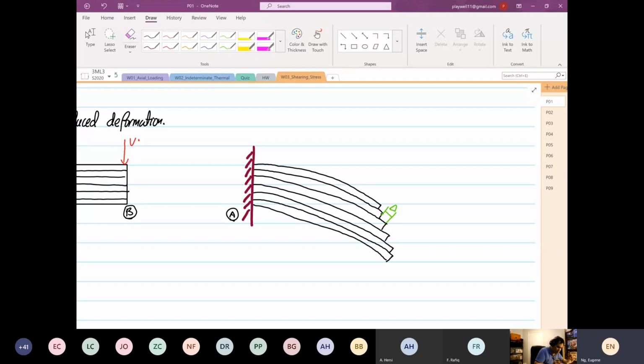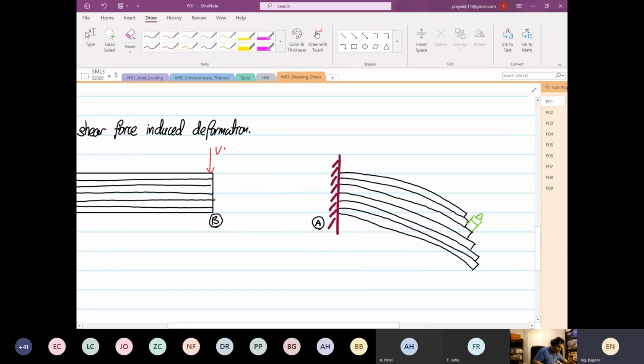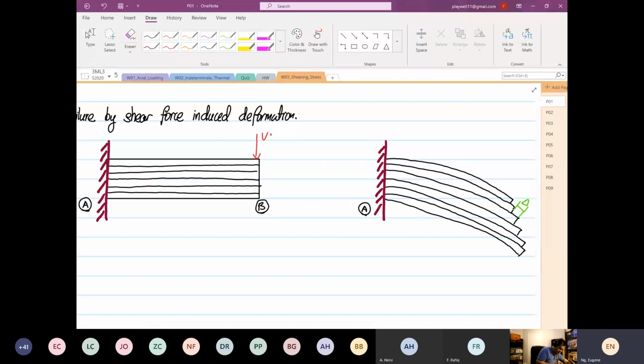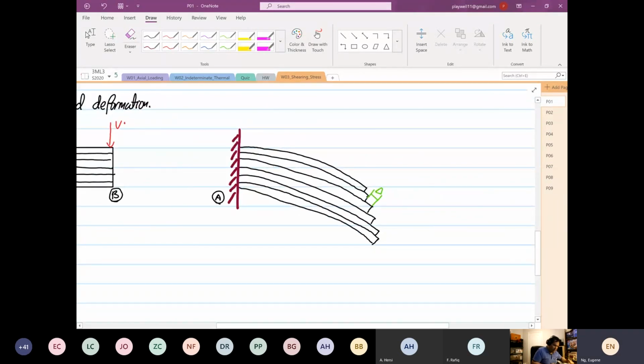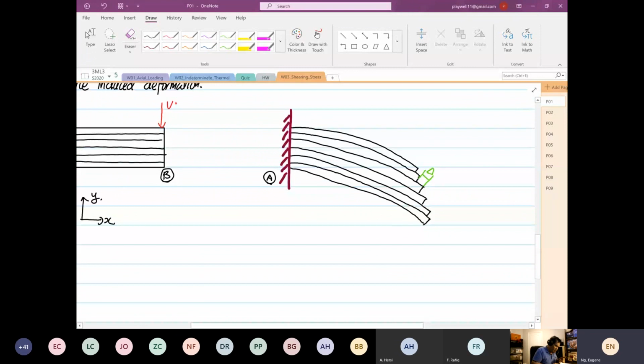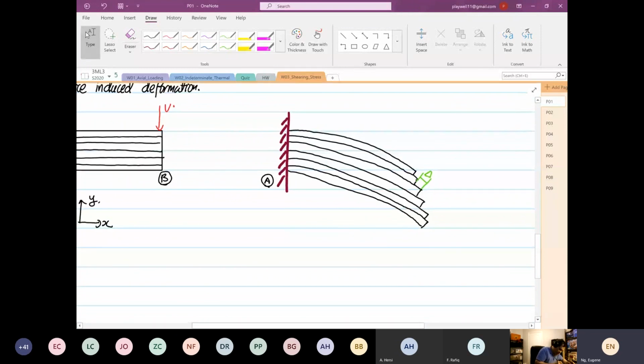So I'm going to draw the transformation. So this is my X and this is my Y. And if I were to draw the element now, for example, the element I pick is the element at this end. So I'm going to draw the element.